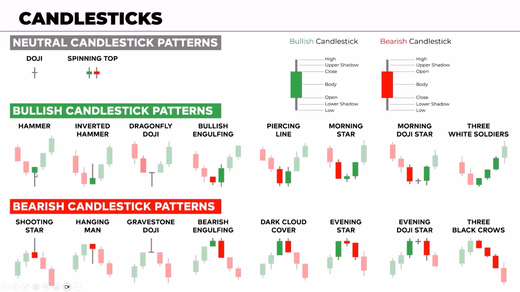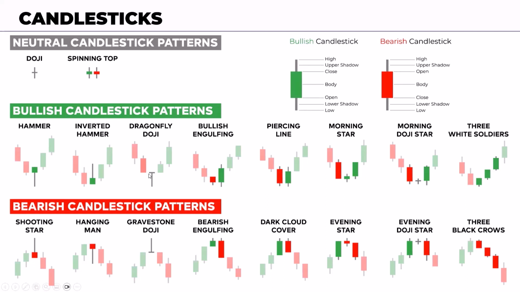So price comes down, the bears are trying to push price down, and then the bulls take over and push price up, and the bears are not able to close down low. The bulls push it all the way up, and the price closes up here. That's an indicator that bulls are taking over the market. And then the next candles start to go up. All right.